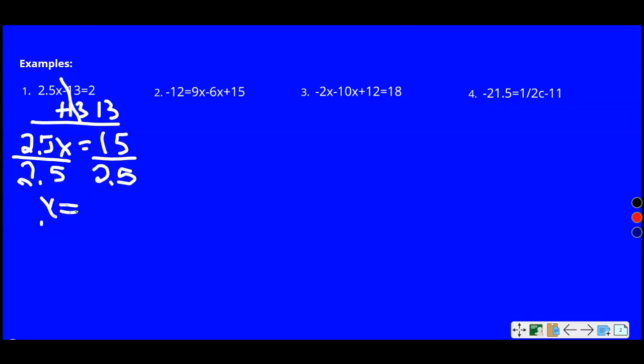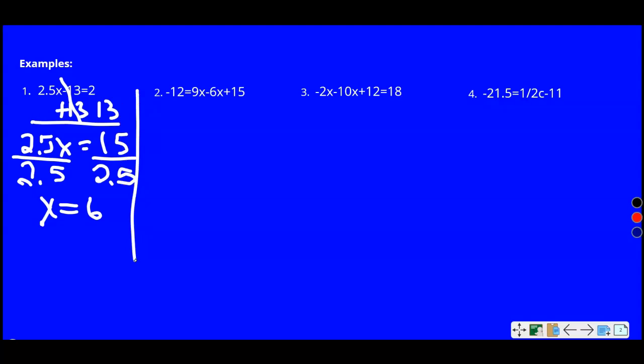And x equals 15 divided by 2.5, which is 6. And then you can plug that in to see if it works. So 2.5 times 6 minus 13 equals 2. And when you check that, it does work.